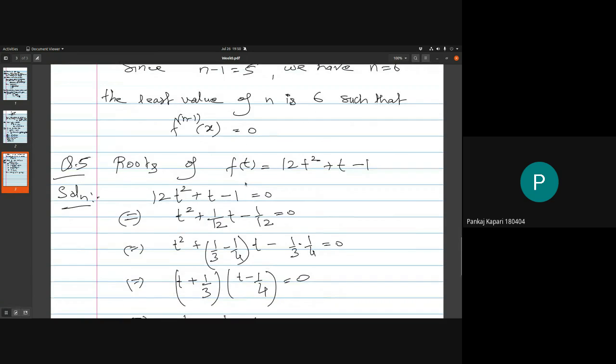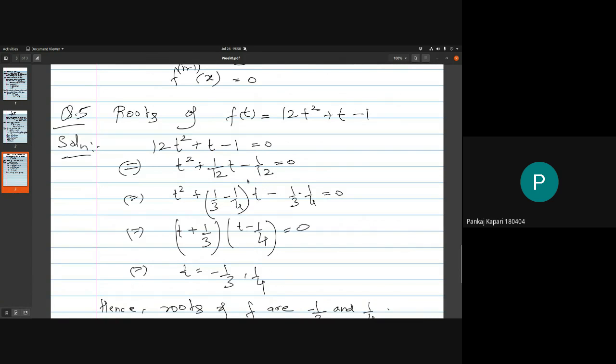In this fifth problem, we have to find the roots of a quadratic polynomial. The polynomial is given as 12 times t square plus t minus 1. For finding the roots of this polynomial, we will first divide the whole polynomial by 12. So it will give you t square plus 1 by 12 t minus 1 by 12.